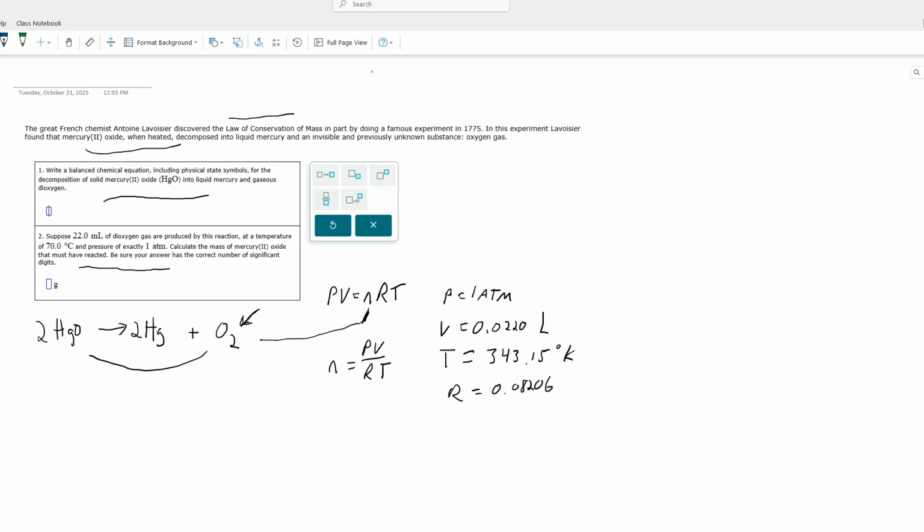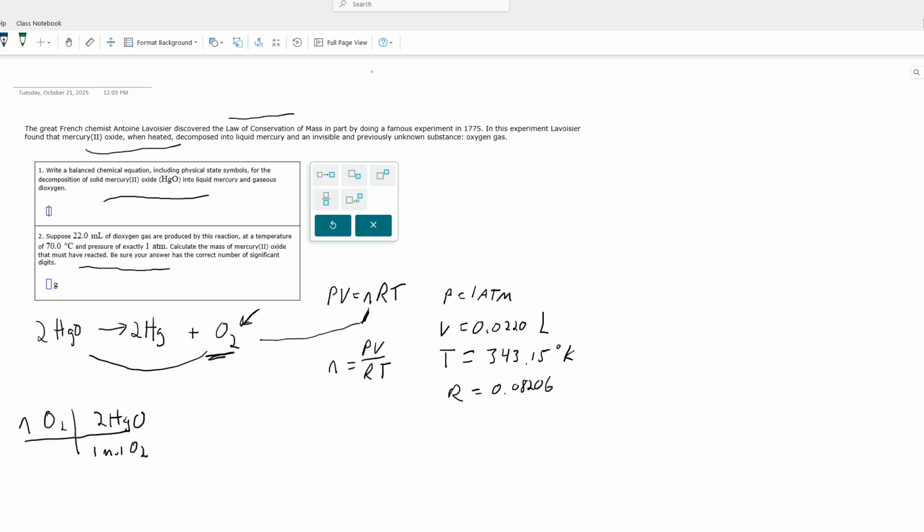Okay, if you put these into this ideal gas law, then that will give me the number of moles. Then, whatever that answer is, I get a certain number of moles of O2 gas. I know that for every 1 mole of O2, I'm going to consume 2 moles of HgO.